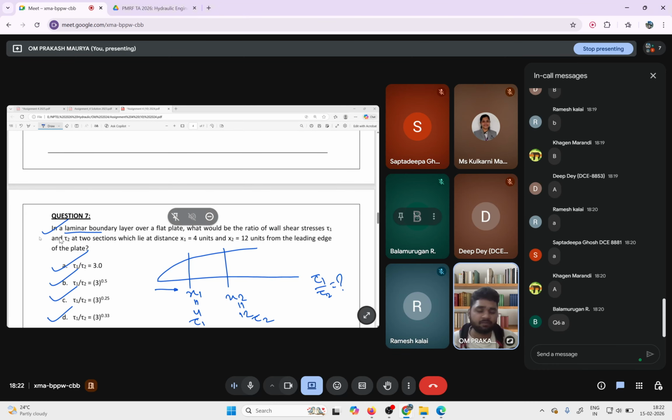I need answer from all sides, please. For question 6, Bala was also telling A. That is fine. Now I am talking about question number 7. Please everyone, just try to solve. If you do not know the formulas, you can just Google. If you know, then honestly try to calculate by hand.